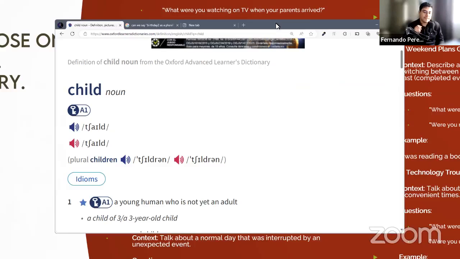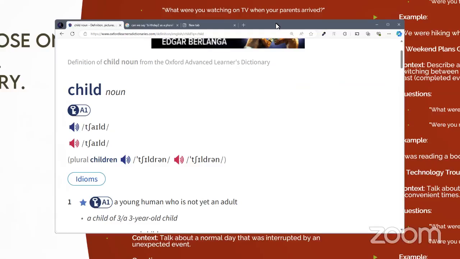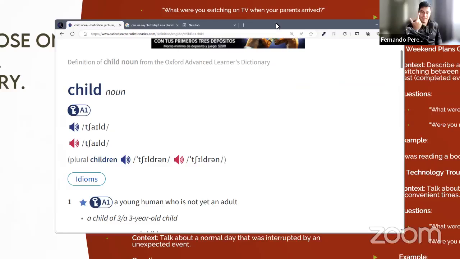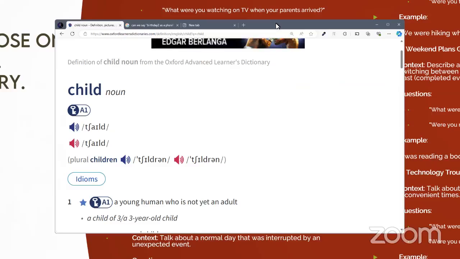Remember the question, how old are you? What do you say when I ask you, how old are you? I answer, I am 25 years old.